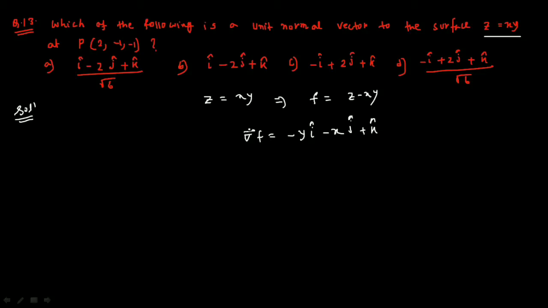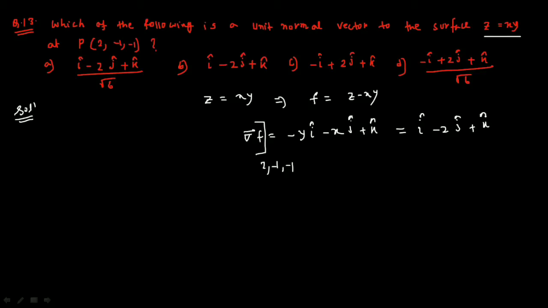Now if you want to find this gradient of f at the point (2, -1, -1), you put the value of y as minus 1, so that will be i cap, and for x you put 2, so it will be minus 2 j cap plus k cap.